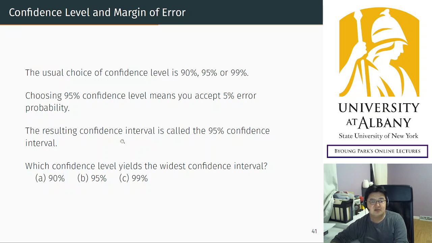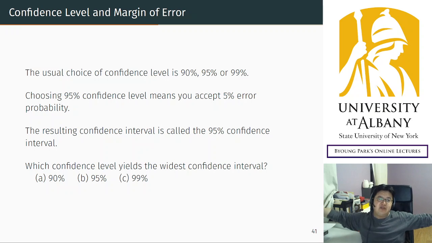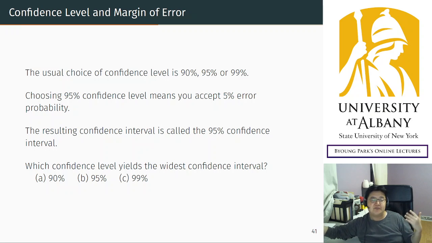The answer is C. To have a higher confidence level, in the extreme case, if you want to make your interval 100% correct, the only possible way is to make it infinity, from negative infinity to positive infinity.